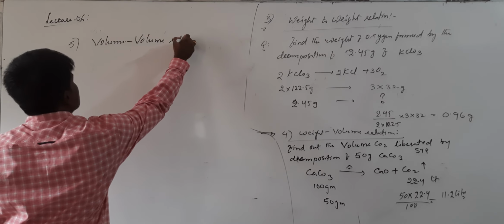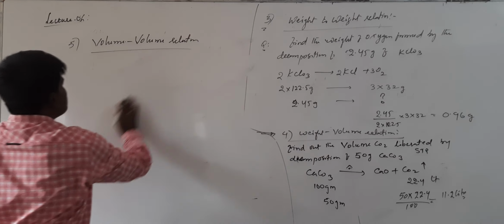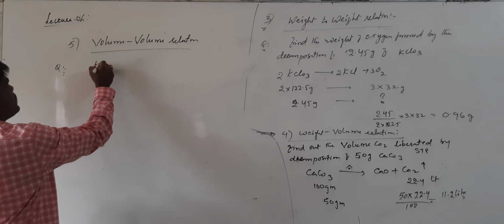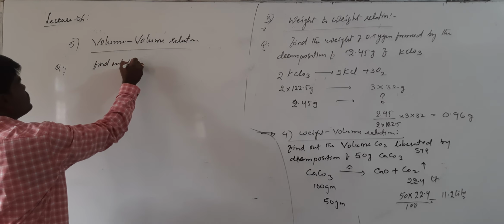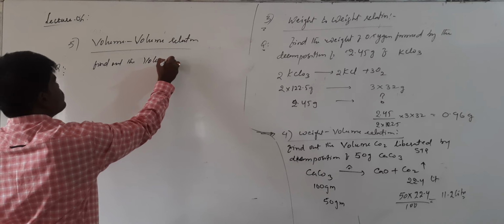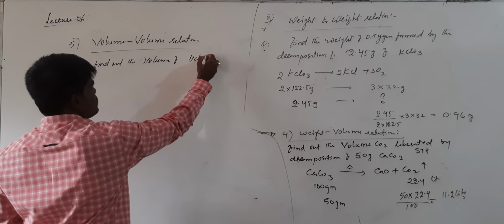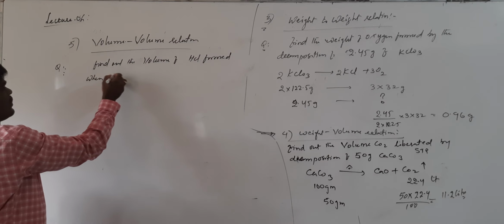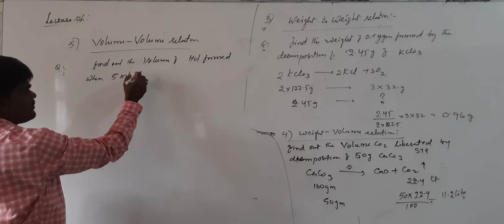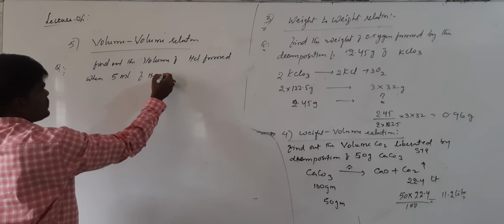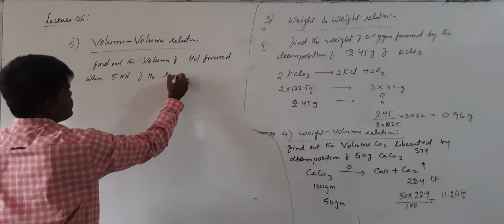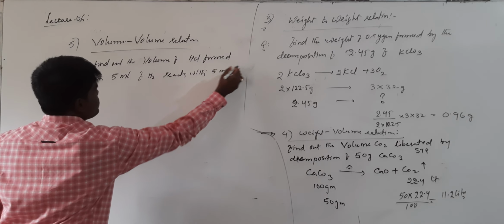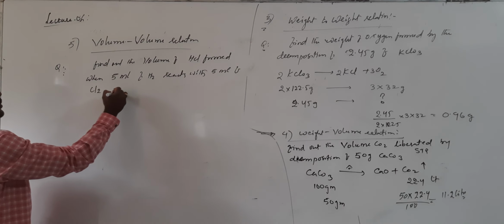Suppose, find out the volume of HCl formed when 5 ml of H2 gas reacts with 5 ml of Cl2 gas.